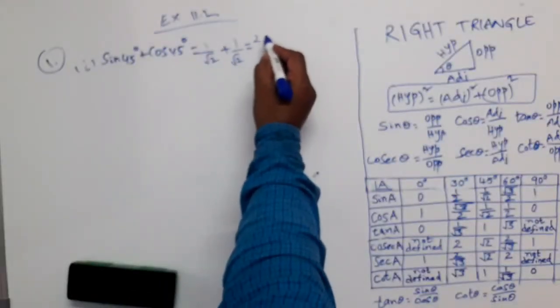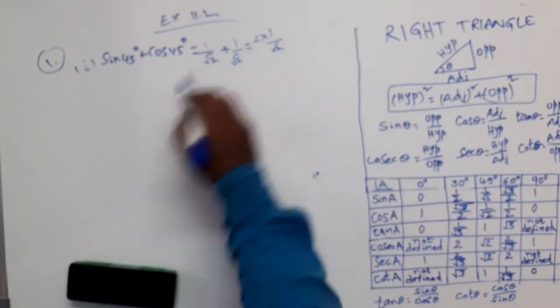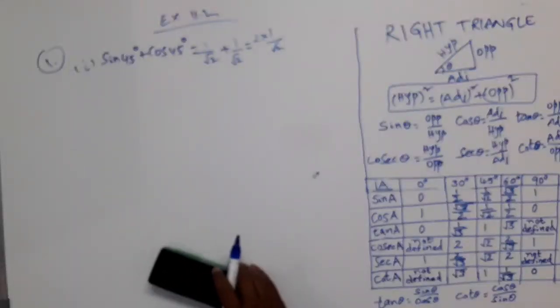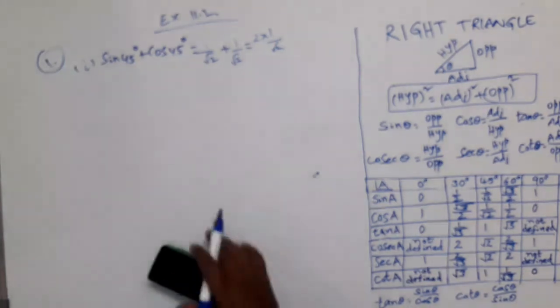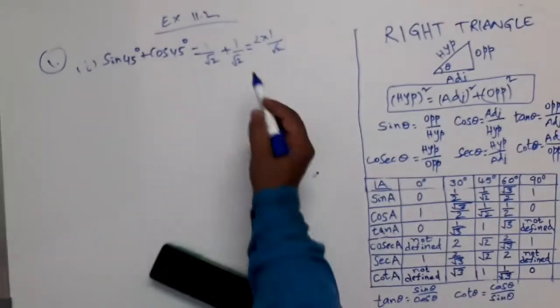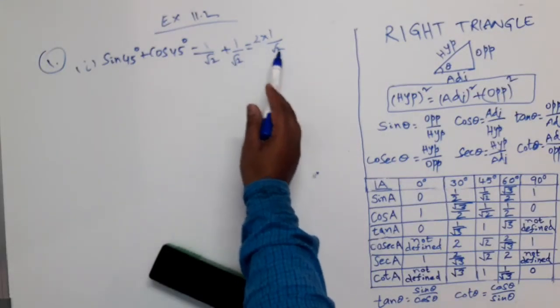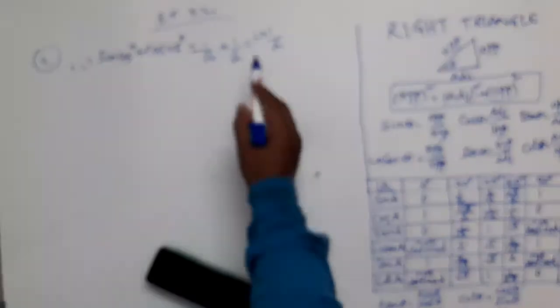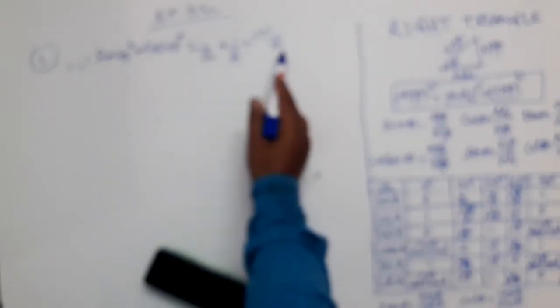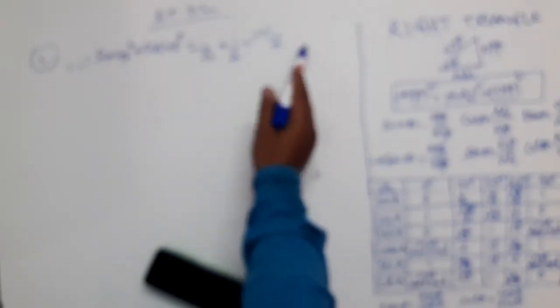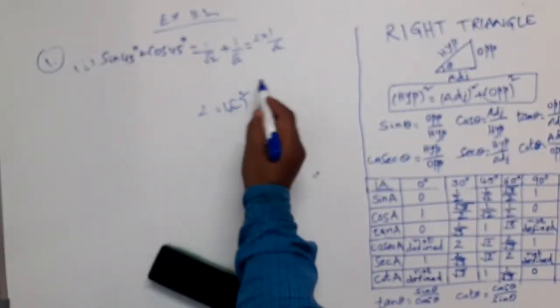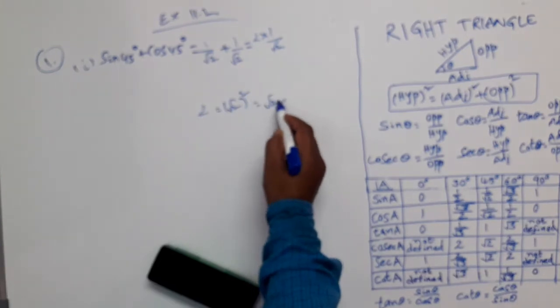Let us simplify further. This is 2 times 1 by root 2. This is the value. Shall I leave it like this or can I simplify further? Do you find any relation between these two? 2 can be expressed as root 2 whole square, that is root 2 multiplied by root 2.